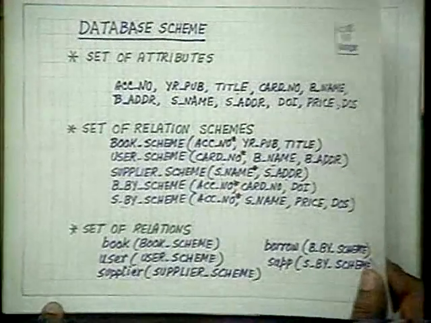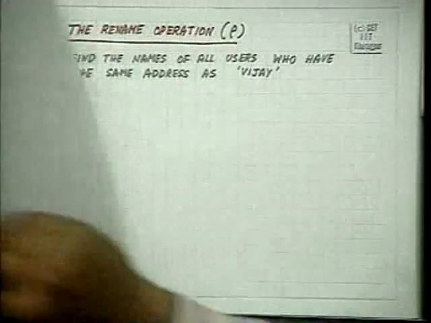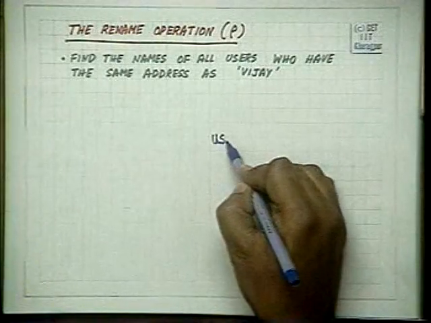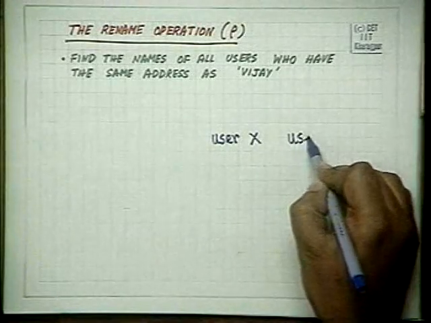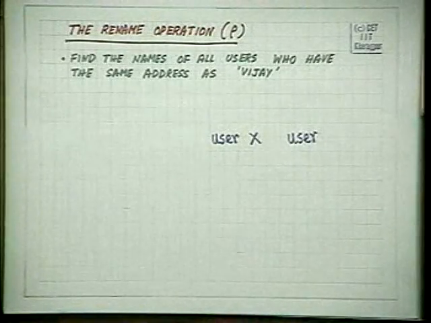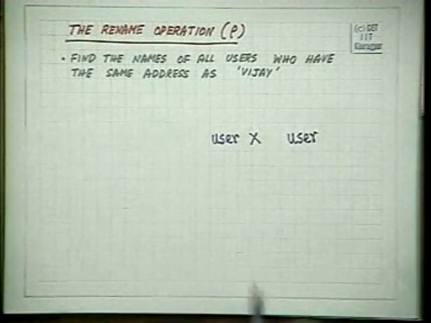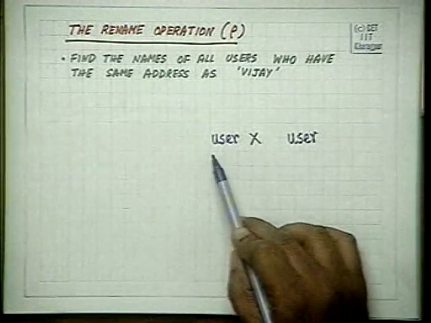So now, in order to do it for this particular relation, we have to do a Cartesian product of user and user.